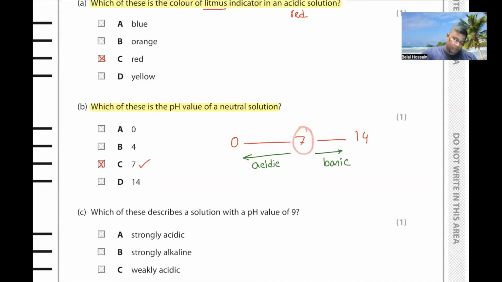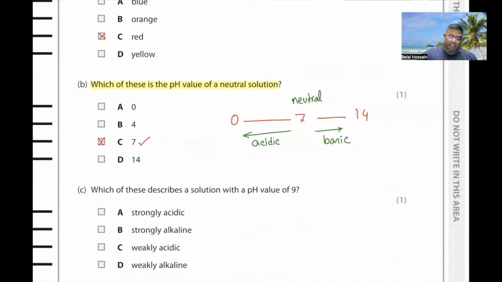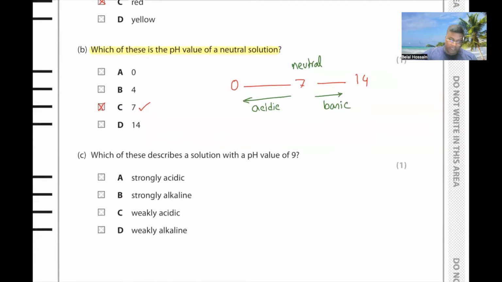However, 7 is our neutral point. So pure water at room temperature and atmospheric pressure has a pH of 7.